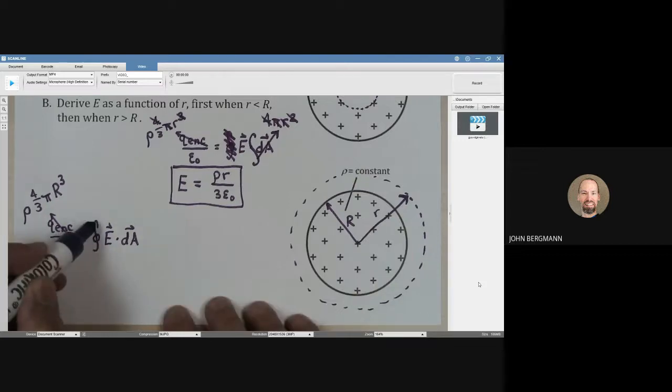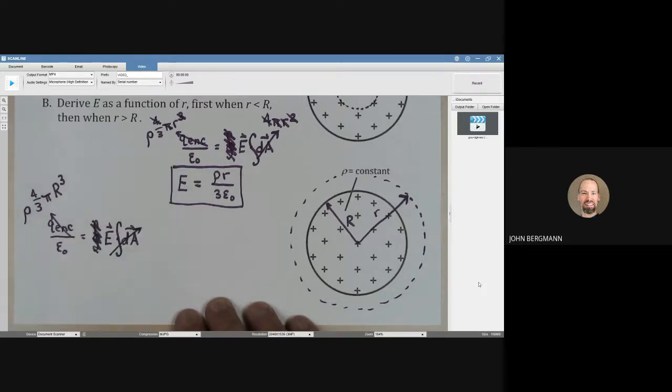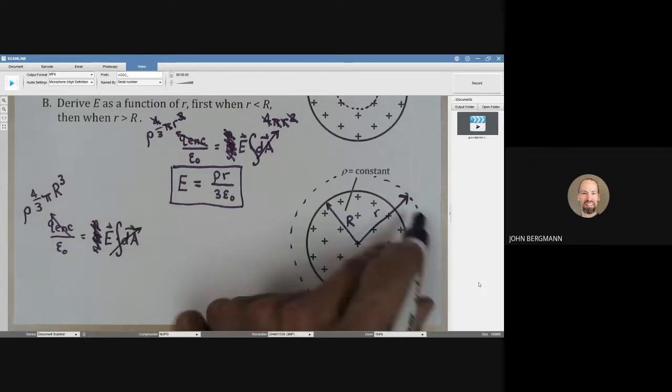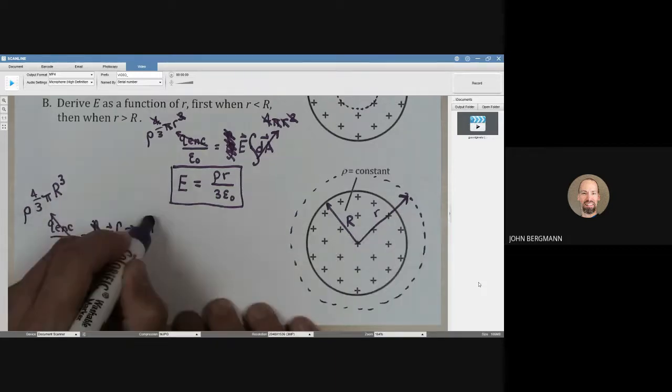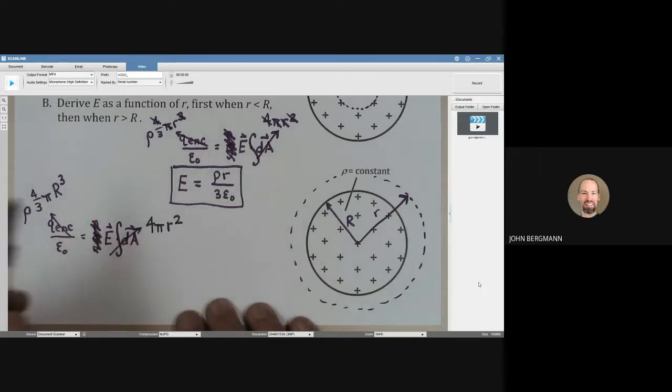Now, on the right side, E is a constant, so we can pull that out. We can integrate dA, and when you integrate dA, you get A. So what's the area of this Gaussian sphere? It's 4 pi little r squared.